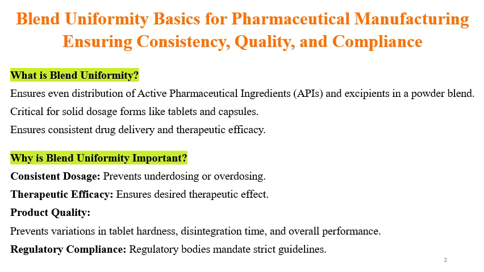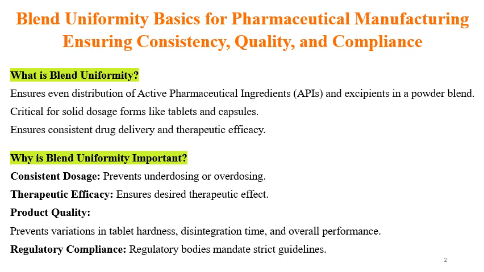See, the blend uniformity is important. The reasons behind this requirement. Consistent doses. So BU is required to prevent underdosing or overdosing. It is required to demonstrate therapeutic efficacy as it ensures desired therapeutic effect. Product quality.